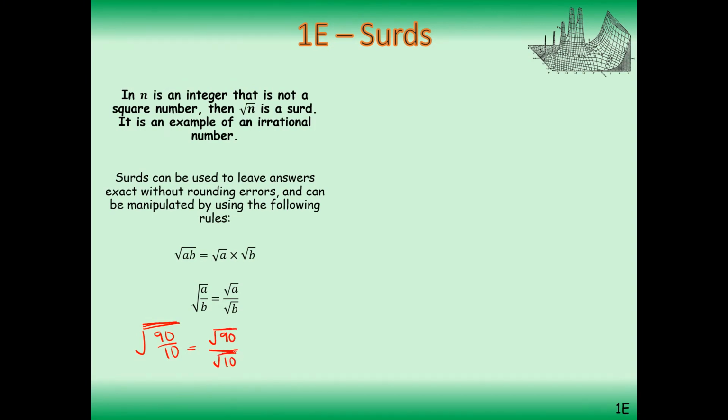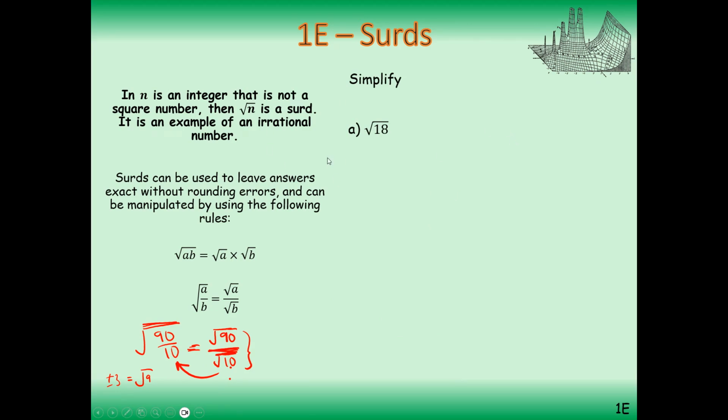Alright, so it depends on the context of the problem. Sometimes you might want to turn this into this and then evaluate it, which will give you the square root of 9, which is plus and minus 3. Sometimes you might want to go from right to left or from left to right. It's completely up to you and it depends on the context of the problem.